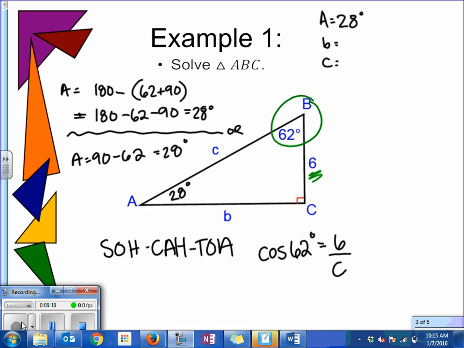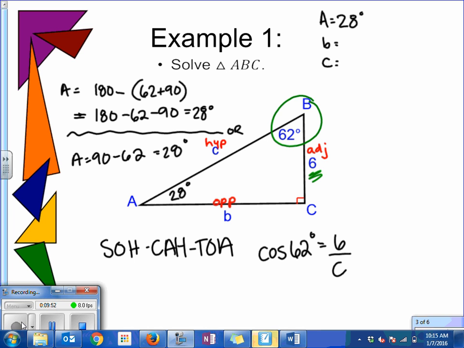Now, know that if you're labeling adjacent with just A, that's a totally different A than we have for side A, right? So I usually use my 3-letter abbreviations. So the side opposite of angle B is side B. That's my opposite. 6 is my adjacent side, the other leg. And then C is always my hypotenuse.